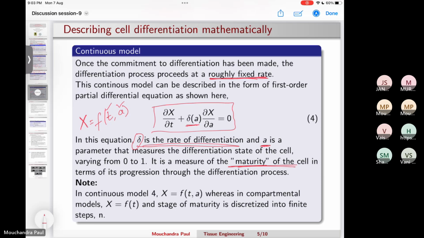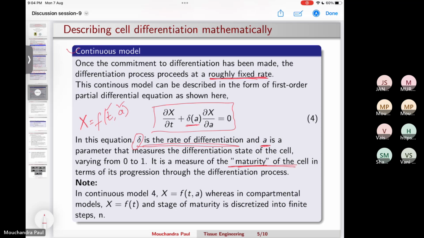Whereas in the continuous model, the movement is happening at a fixed rate, okay, and the cell number is changing with time, as well as at a particular differentiated state, say a equals 0.1, the cell number will be different. So in this way, you can understand how the differentiation process is described using maths, using these two mathematical models.